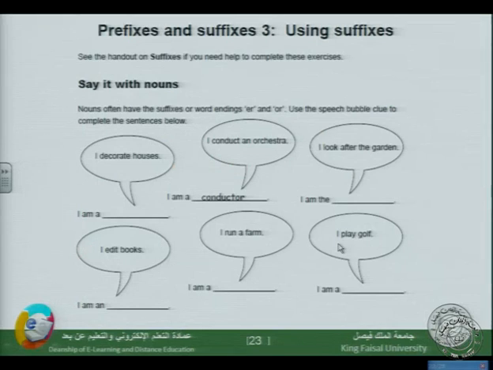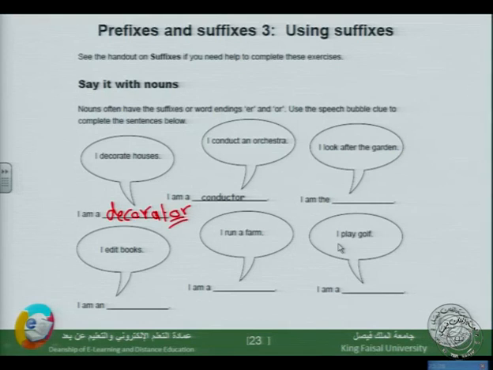Prefixes, we have also here another exercise for the suffixes. Say it with nouns. So nouns often have the suffixes or word endings like er or or. Use the speech bubble clue to complete the sentence below. I decorate houses. I am a decorator.